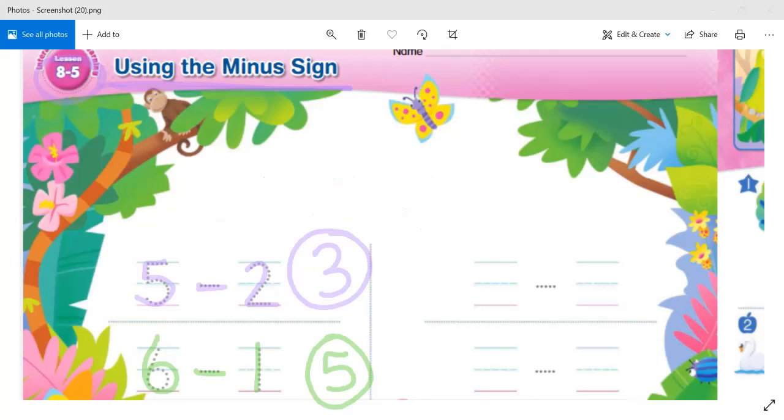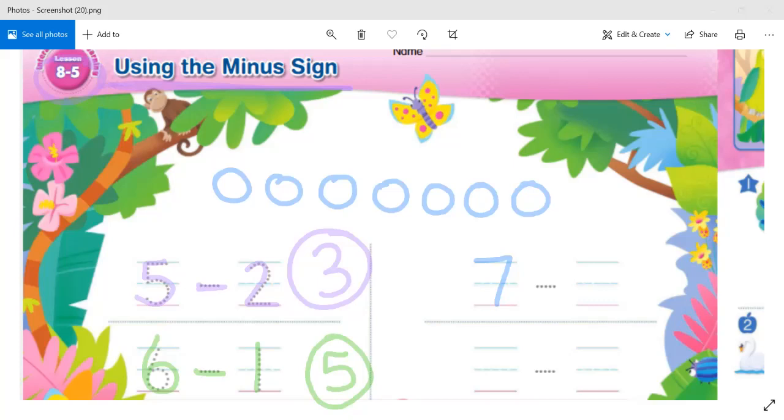Okay. Now we have 7 pelicans and they're on the lake. 7 pelicans. Let's draw 7 counters. 1, 2, 3, 4, 5, 6, 7. Let's write 7. 7 pelicans are on the lake and 4 pelicans swim away.